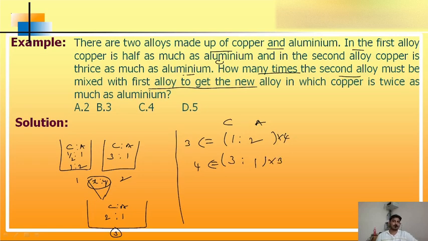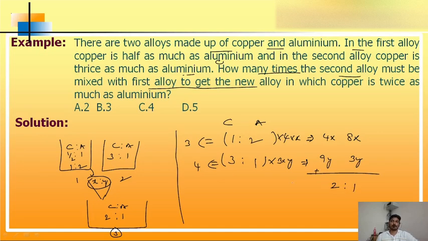I don't know what quantity is taken from container 1 and from container 2, so I will multiply this with x and this with y. It will be 4x and 8x, and 9y and 3y. At the end, the new mixture ratio must be 2:1.